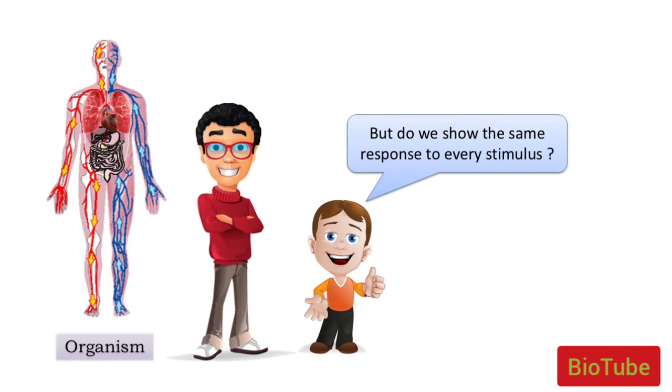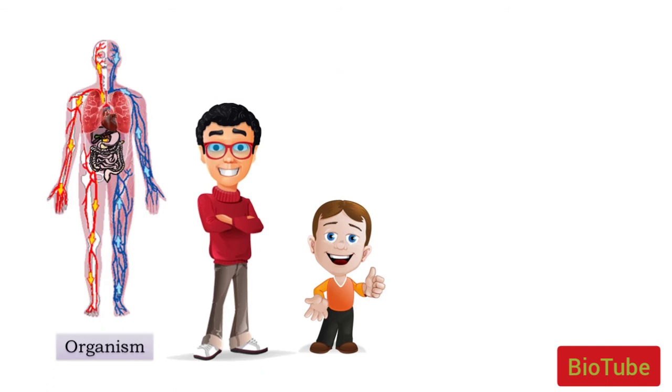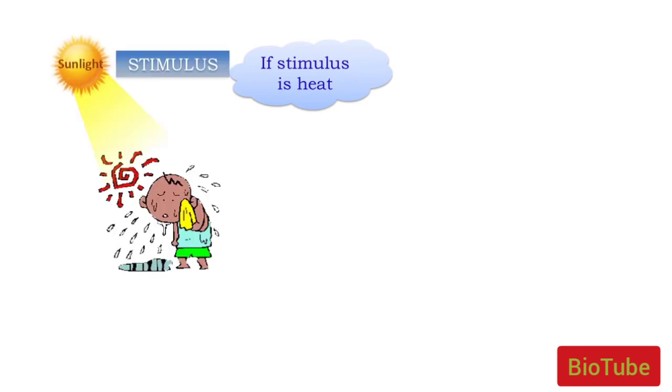But do we show the same response to every stimulus? No, we don't show the same response to every stimulus. So let us understand in what way we react to the changes in our surroundings. What happens if the stimulus is heat? When the stimulus is heat, our response is sweating.